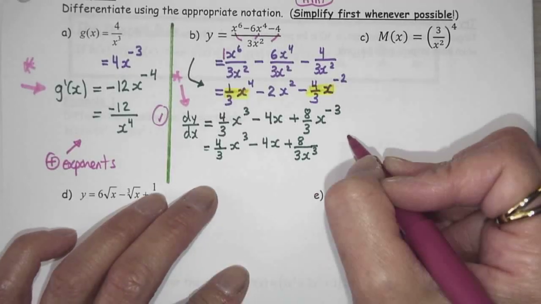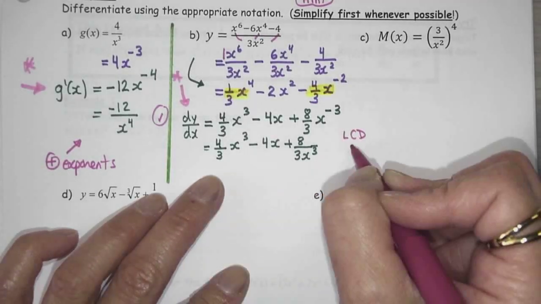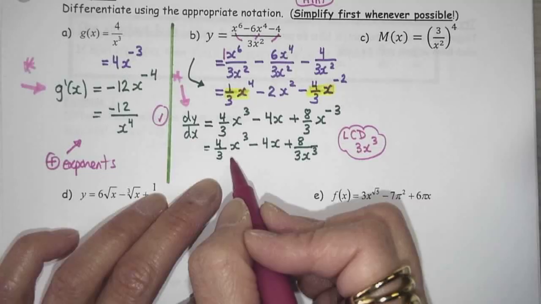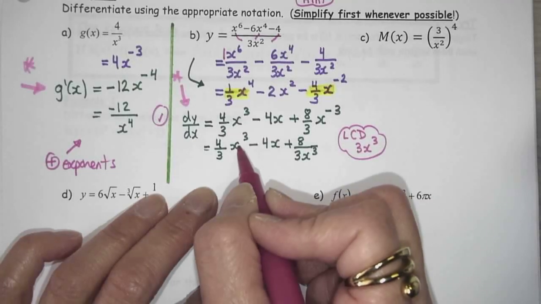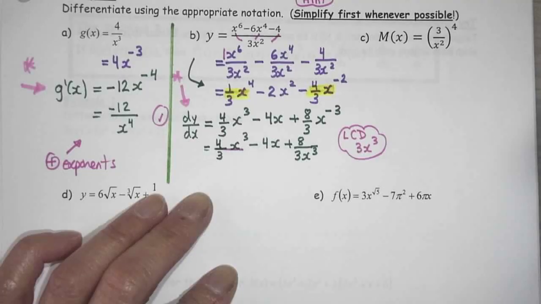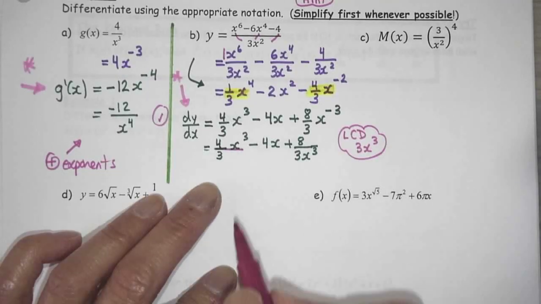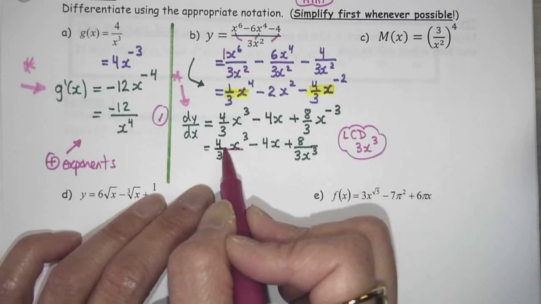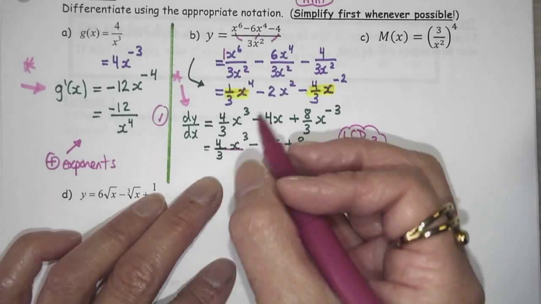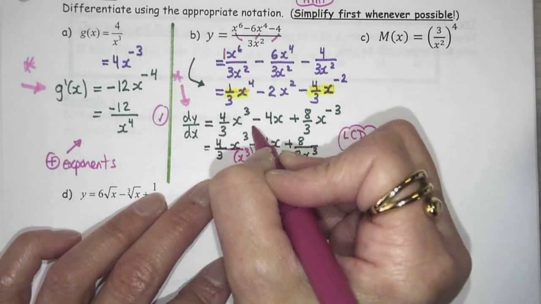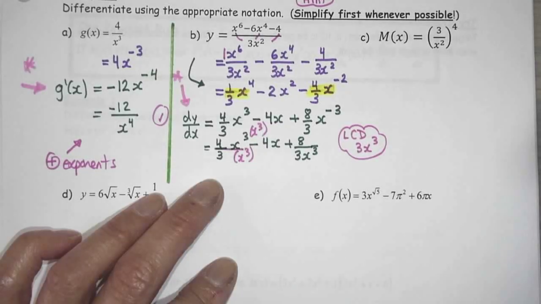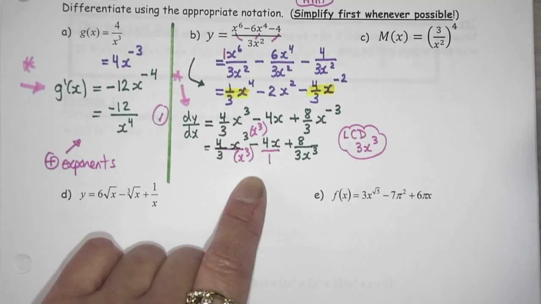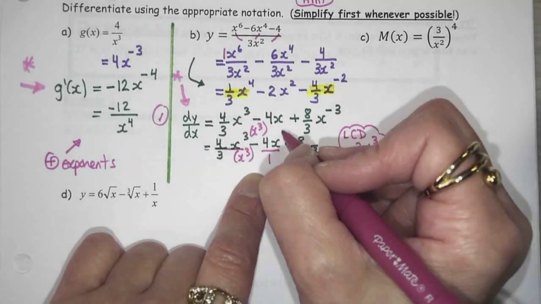So lowest common denominator would be 3x cubed, yes? So then this one has to be multiplied by... Now, what I like to do is pretend this is all over, so you might as well write it with the 4. So I'm multiplying, so put it all over. It's not a separate function, so it's together. And then you're going to multiply this one by x cubed. Is that okay? And this one is over 1, so I need to multiply by 3x cubed.